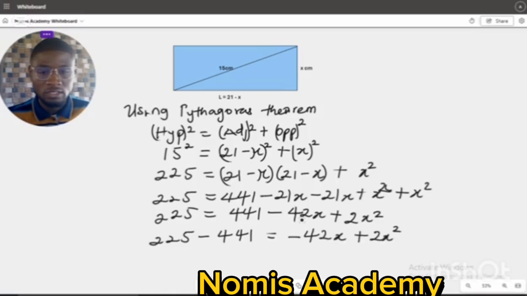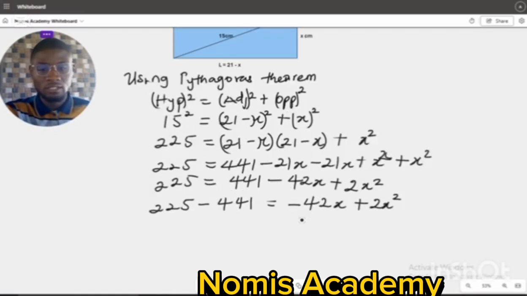If I subtract 441 from 225, I'm going to have a negative answer, right? Negative of 100 and what? Is it 216? Okay, I'm going to have minus 216 equal to minus 42x plus 2x squared.